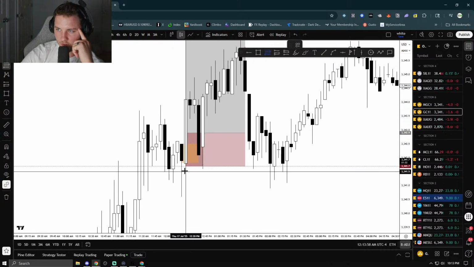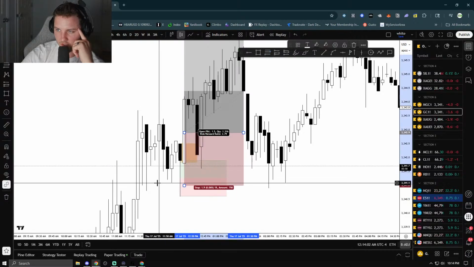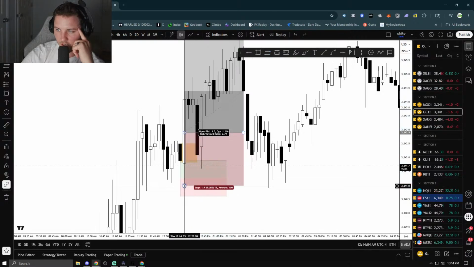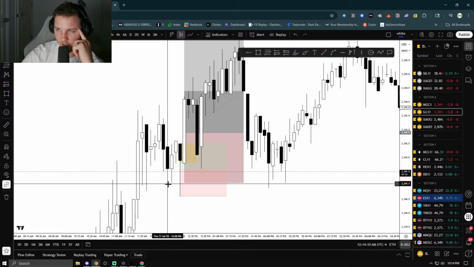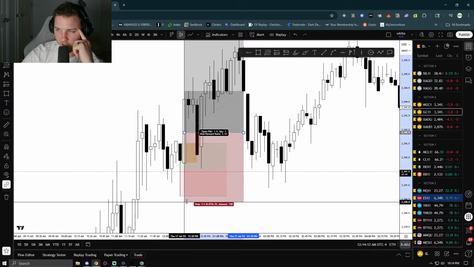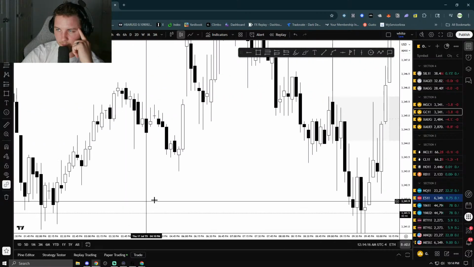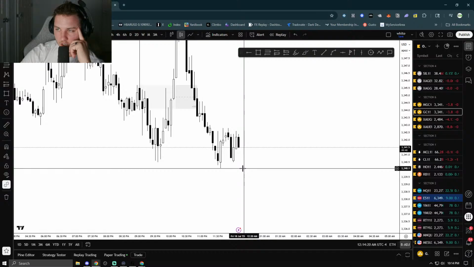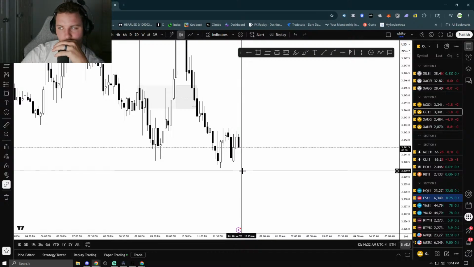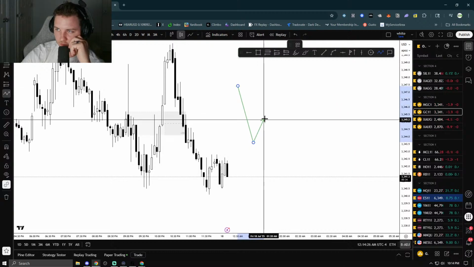You could do, if the wick's large, 50% or 75%. If it's a big body, then again you could do 50% of the big body. Or otherwise just do the low. And if the stop is too big, then you look for the continuation, because here's reversals.